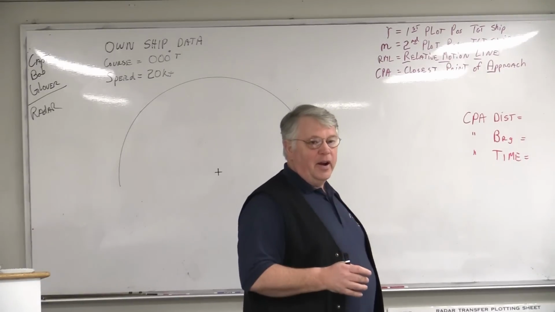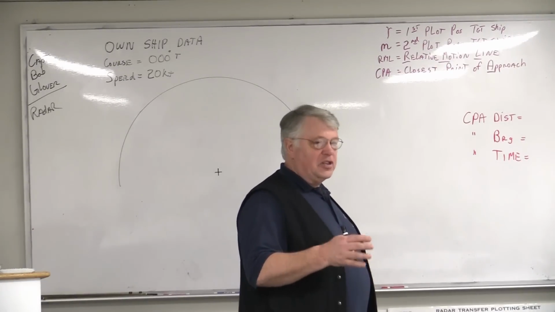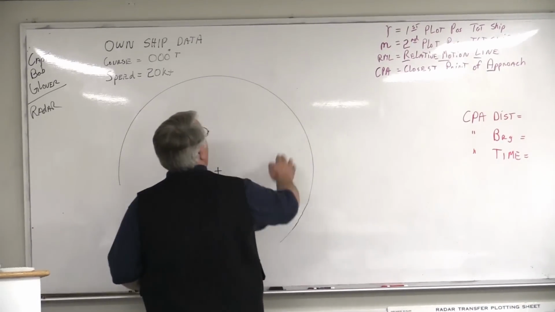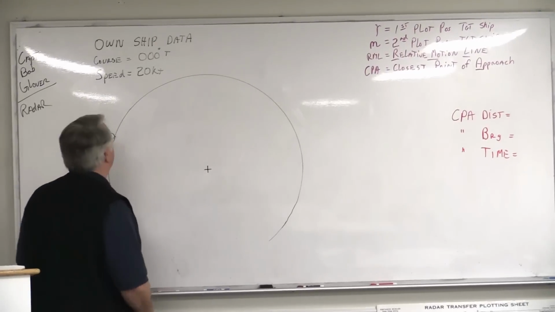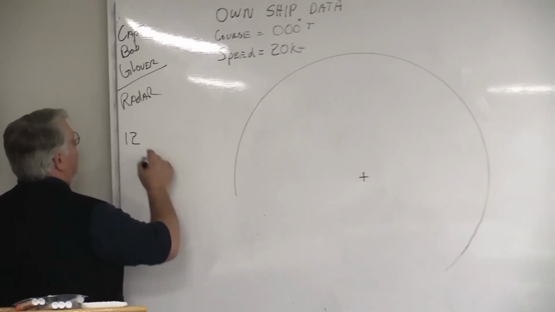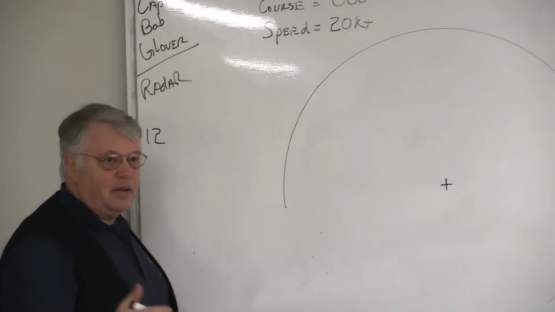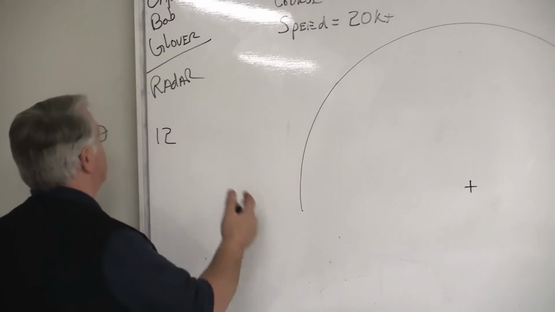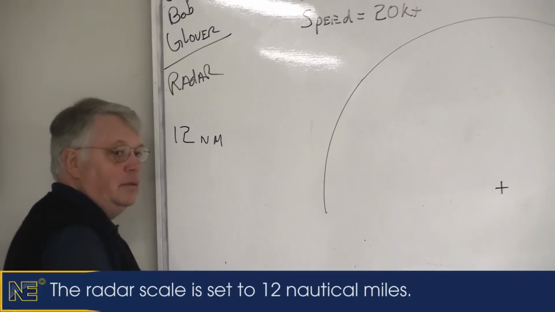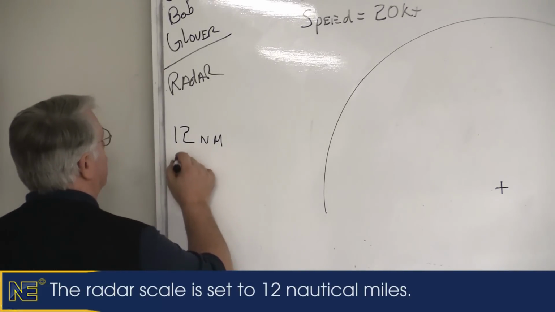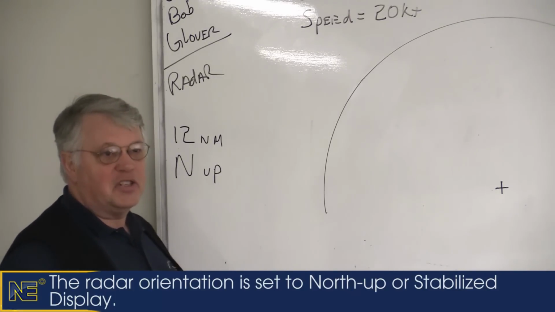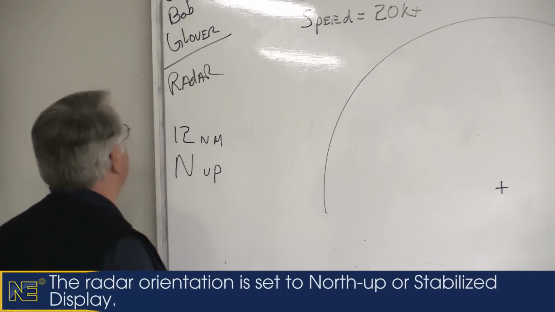So we pull out our radar transfer plotting sheet, and we're standing watch, doing our due diligence, and our radar is set on 12 nautical miles. Now when we do this, for consistency's sake, and so we can learn it the best way possible, we're going to do everything in a 12 nautical mile scale, okay? We're also going to do everything in a north-up orientation, or stabilized display, as we've been talking about the last couple of days.